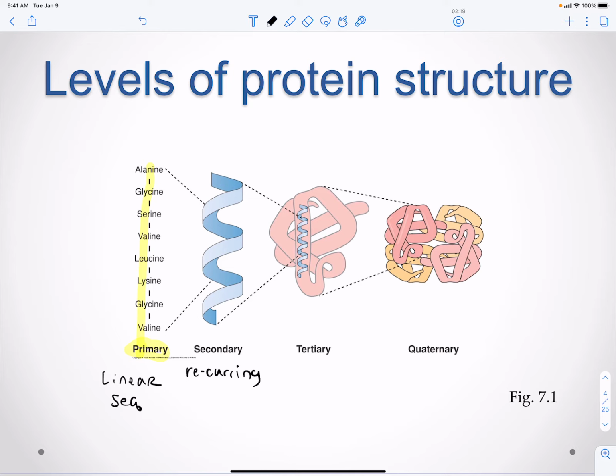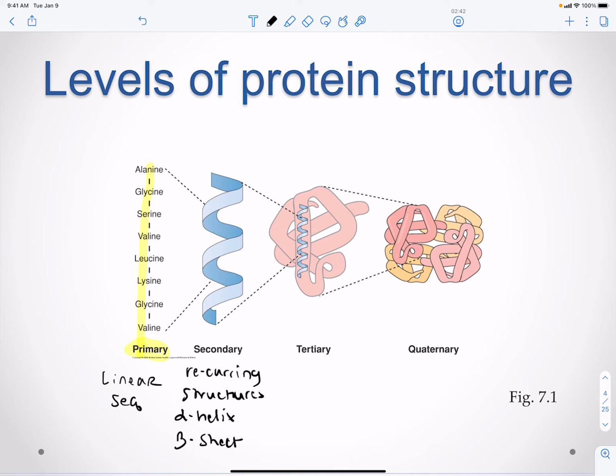One of them shown here is the alpha helix, and the other is going to be a beta sheet. Your proteins will fold based on the amino acid structure, the primary, into these secondary structures.